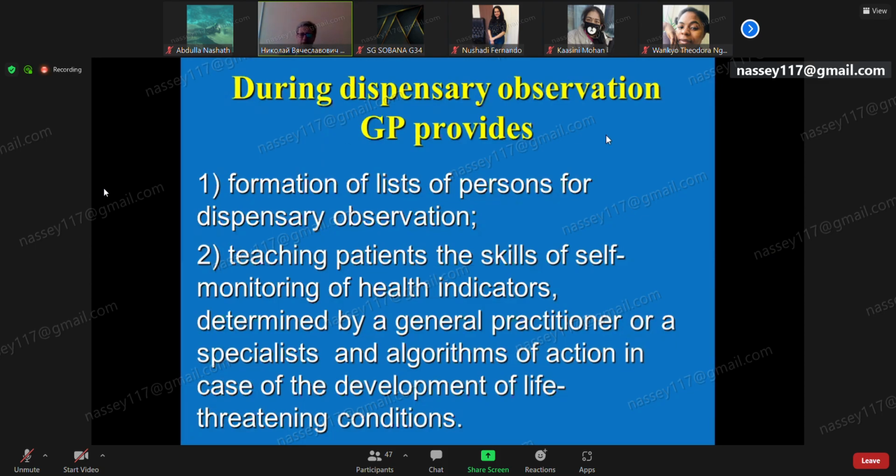Also, the GP provides in this process the formation of lists of persons for dispensary observation.